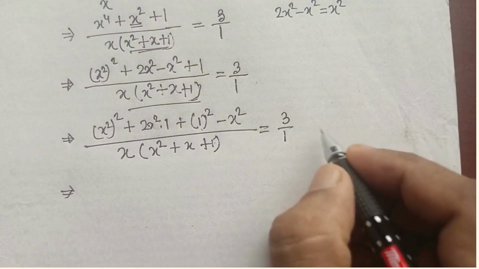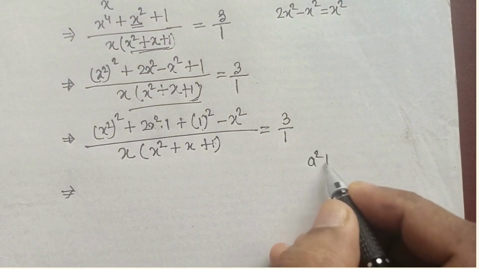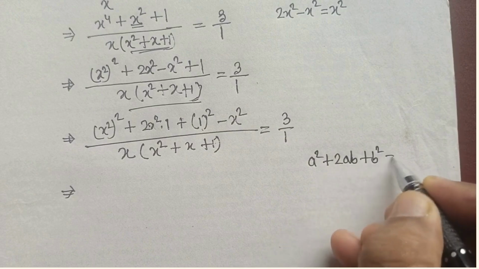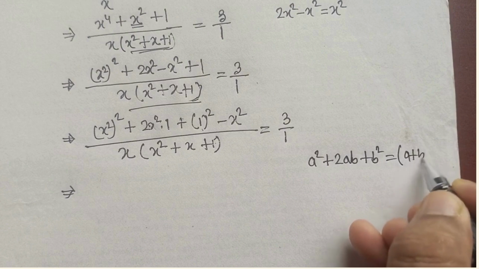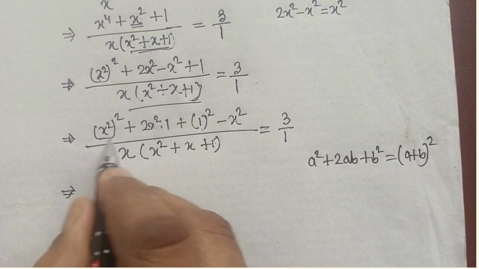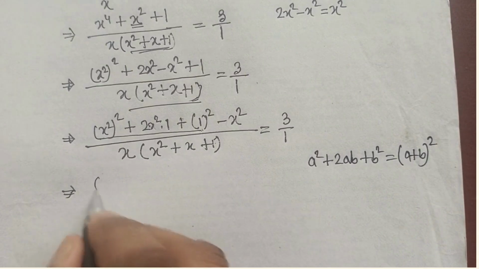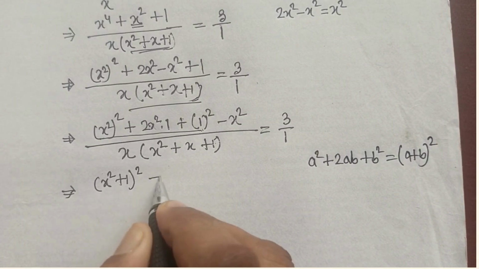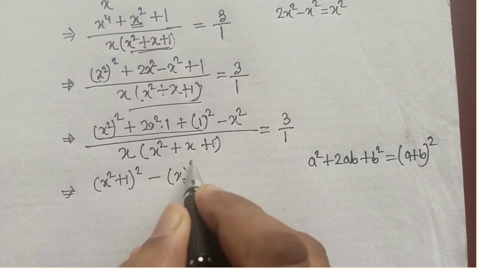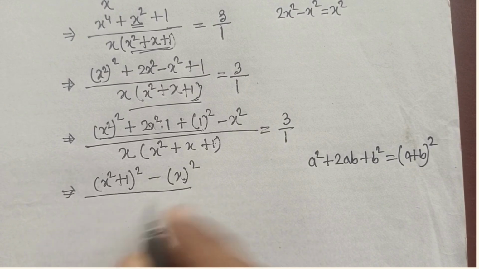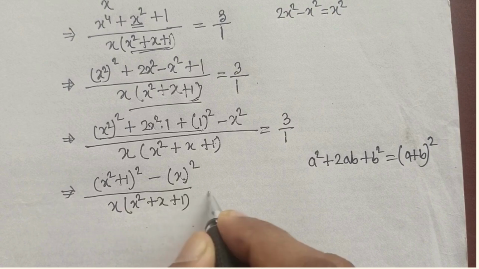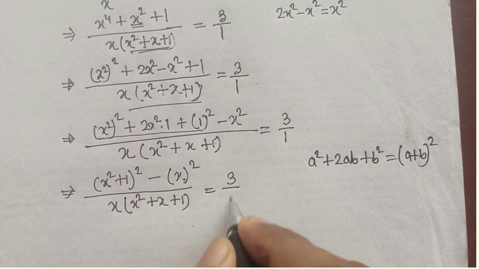Now we know the formula a^2 + 2ab + b^2 is equal to (a + b)^2. So we can write the expression here, (x^2 + 1)^2 minus x^2, and the denominator will be the same, and it will be 3/1.